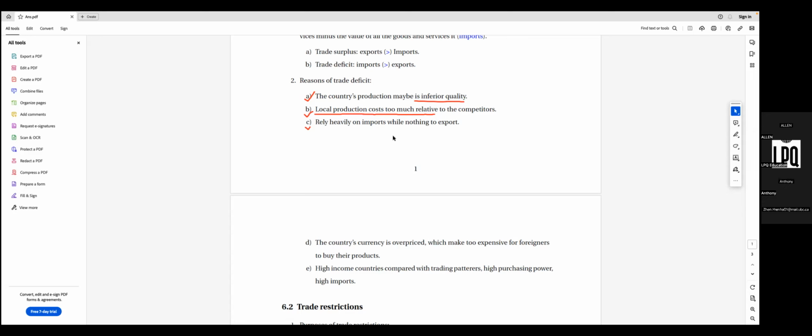Same as Australia, they also export a lot of natural resources. By contrast, small countries like Singapore are just like a city, so they have nothing to export. So that could be one reason why a country could finally be a trade deficit country.